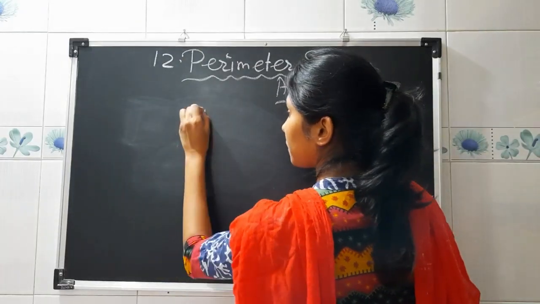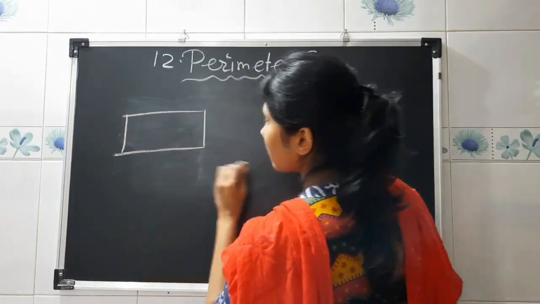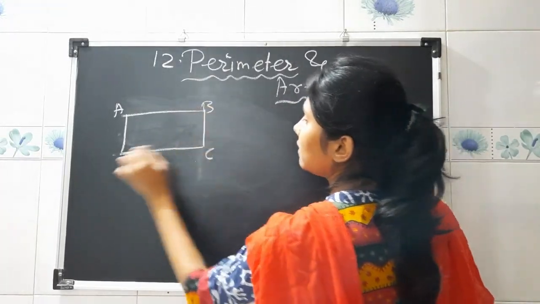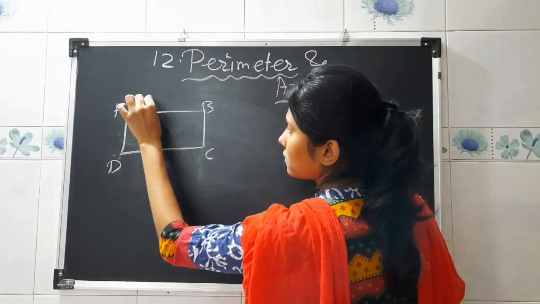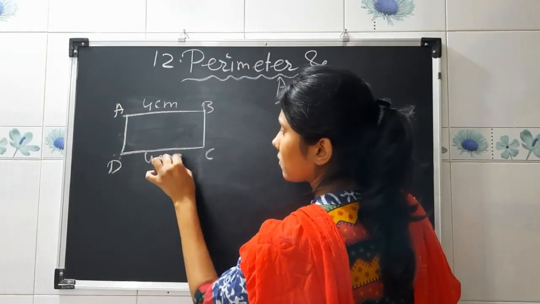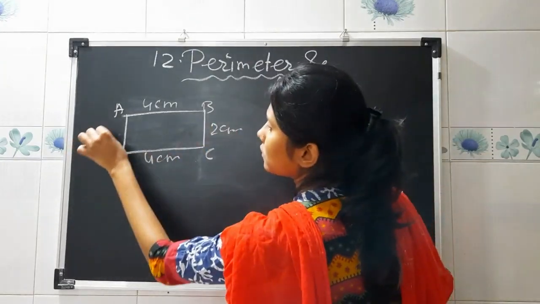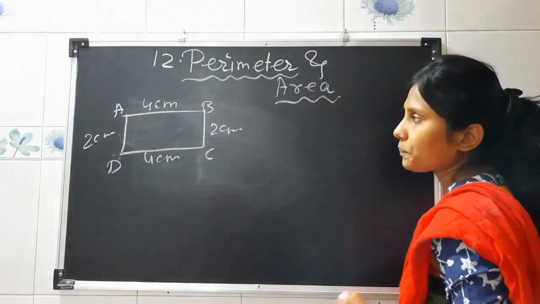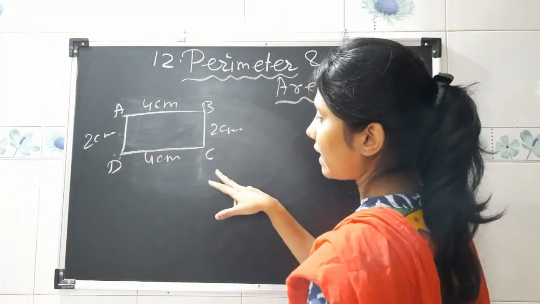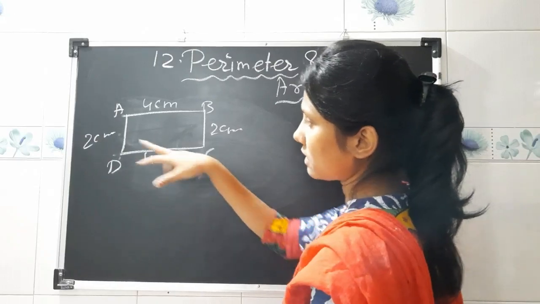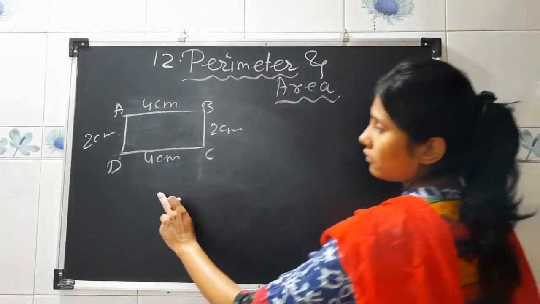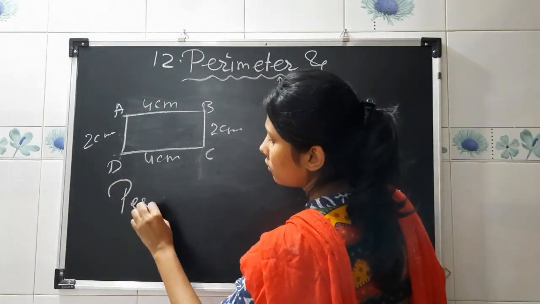Now suppose this is a rectangle ABCD. Side AB and side DC are 4 centimeter, side AD and BC are 2 centimeter. For finding perimeter, what do we do?